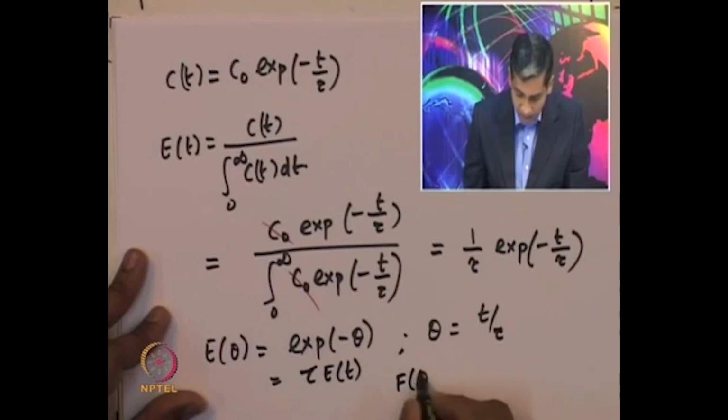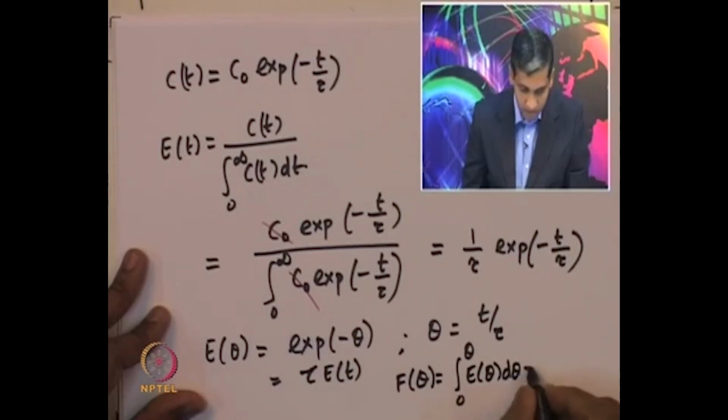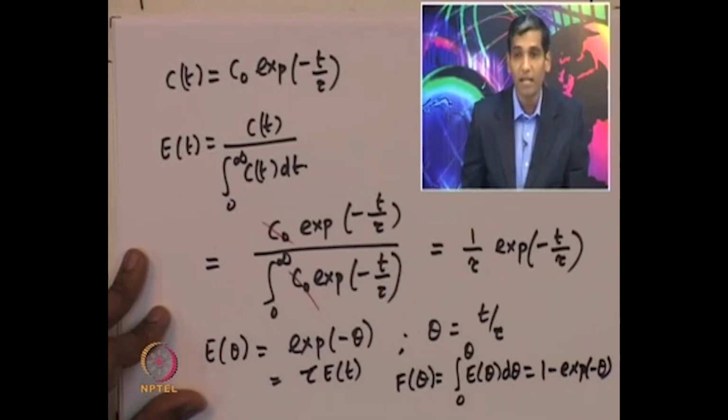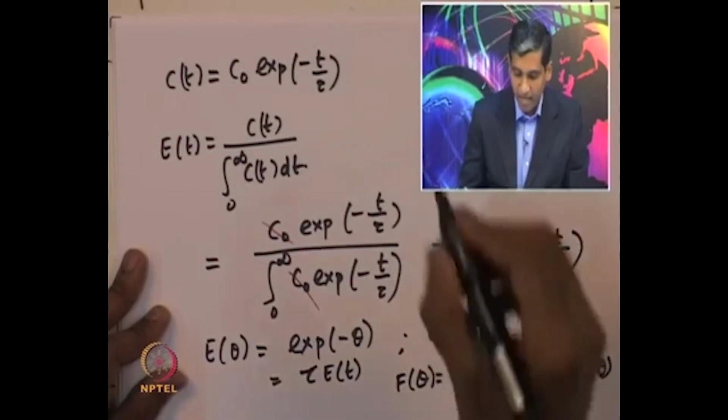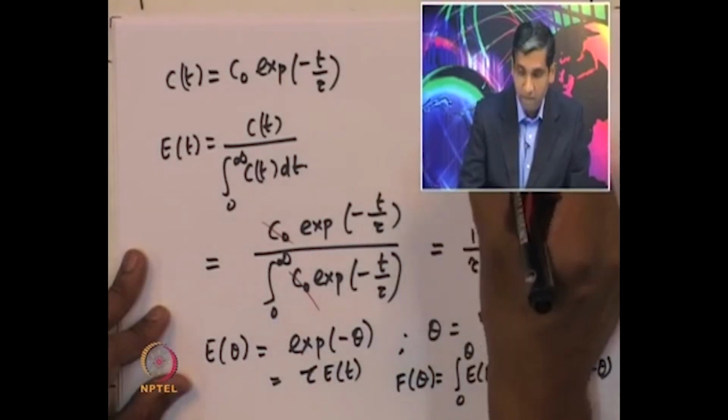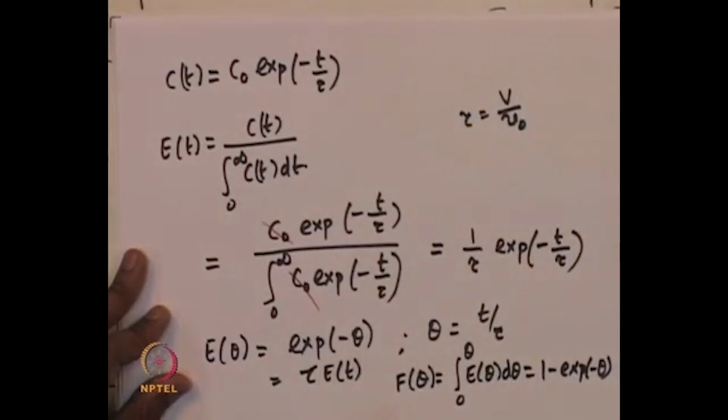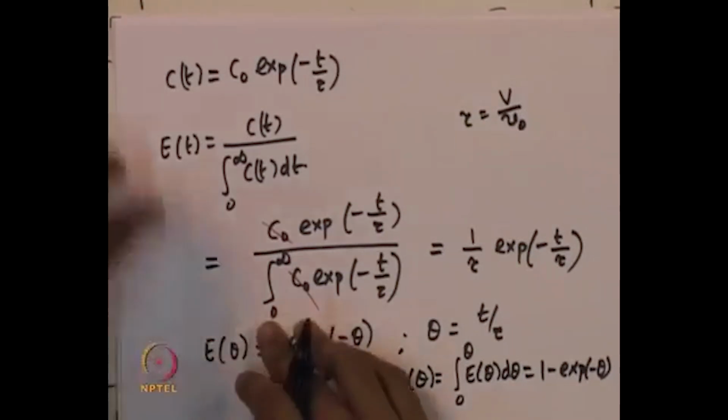F of theta is the integral from 0 to theta of E of theta d theta, which is 1 minus exponential of minus theta. That is the expression for the F curve, where theta is t by tau and tau is the space time of the reactor, tau equal to V by V naught.